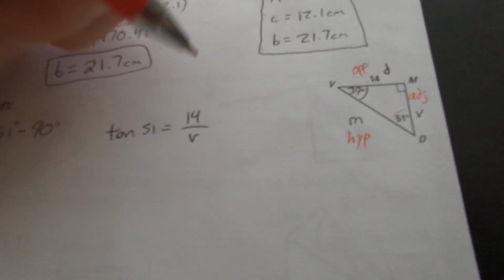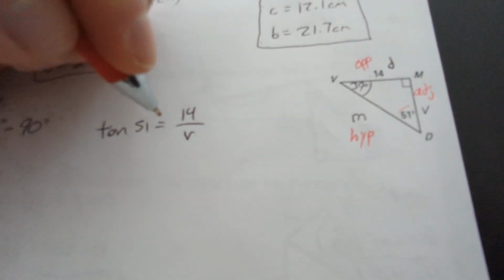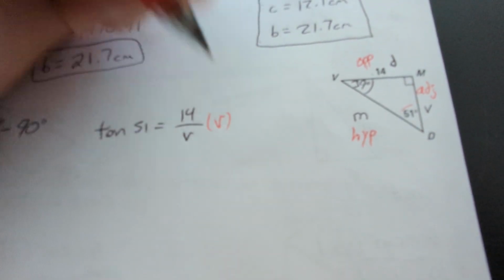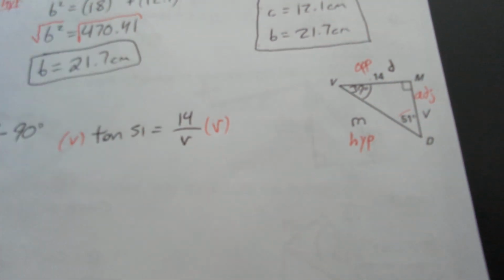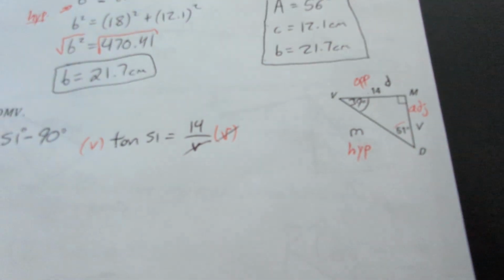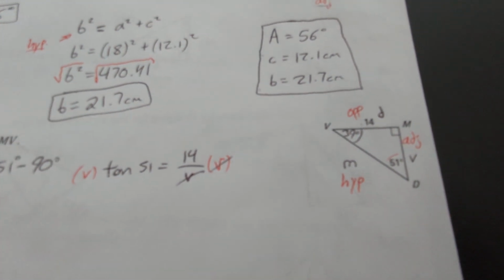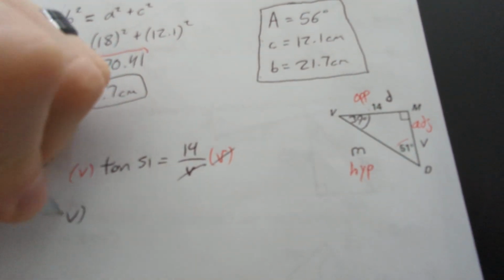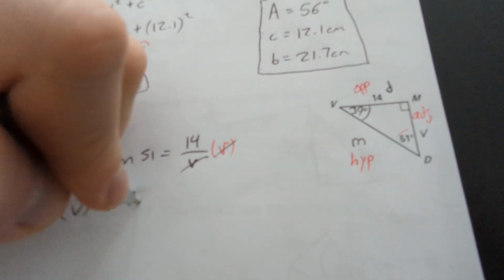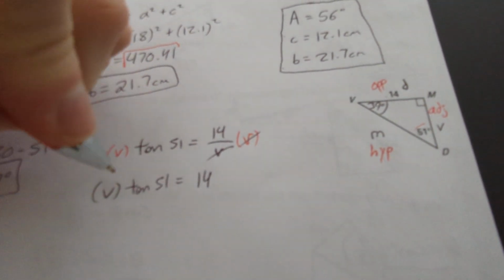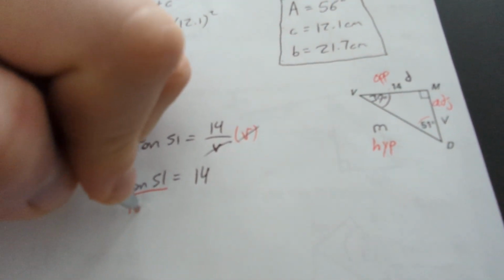Now remember, if the variable is in the denominator here, we need to get out of the denominator. So we multiply both sides by v. When we do that, these v's cancel. So we're left with v times tan 51 equals 14. And then to get v by itself, we can divide by this whole tan 51.